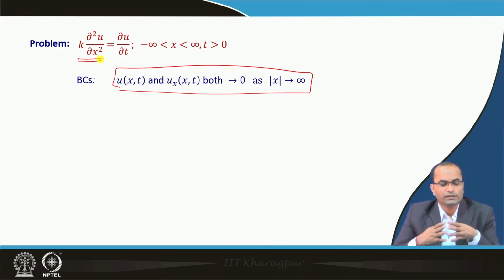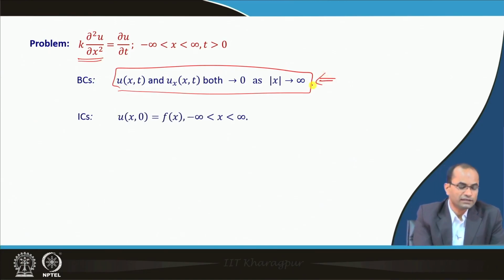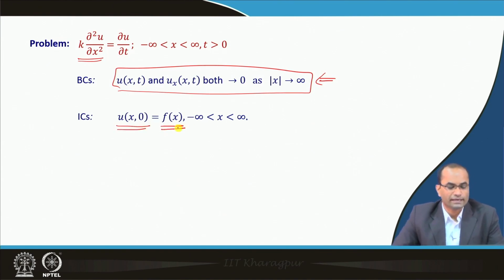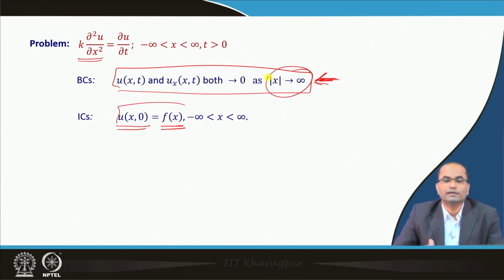We could apply it with respect to t or with respect to x, but given such conditions, if we look at the initial condition, u(x,0) equals f(x), that is the initial condition given. So we do not have such conditions with respect to time. Naturally we have them with respect to x, so we can use the Fourier transform with respect to x.